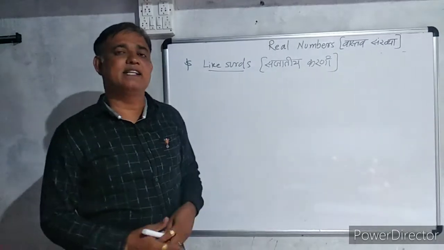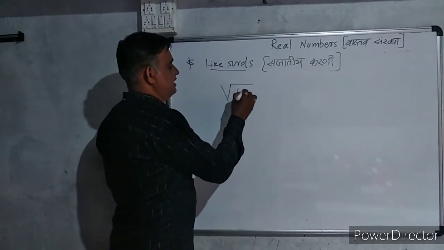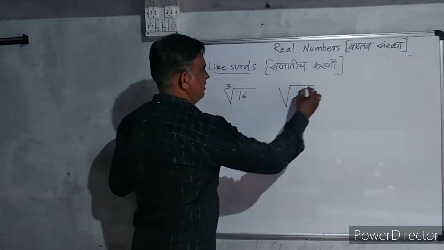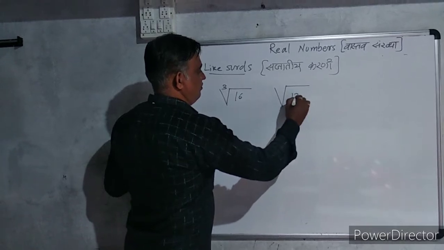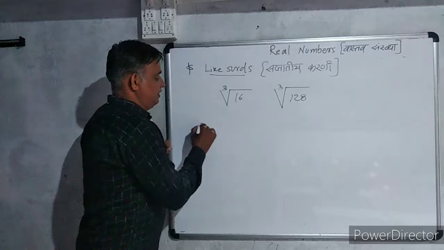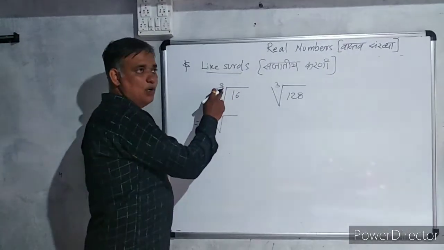We can take another example like this. Suppose 16 of order 3 and 128 of order 3. We have to factorize so that one factor is the cube of a number.